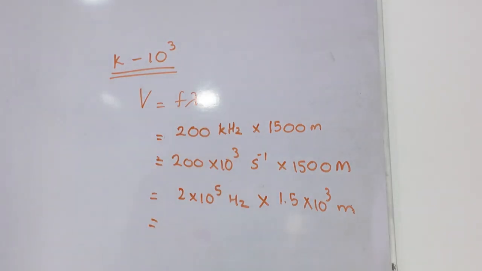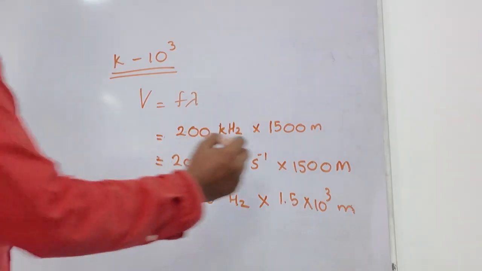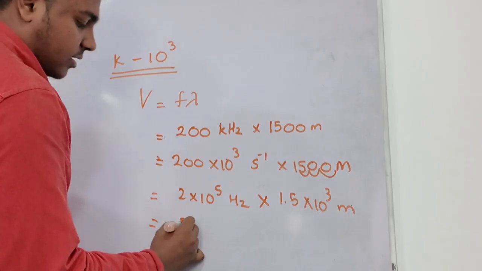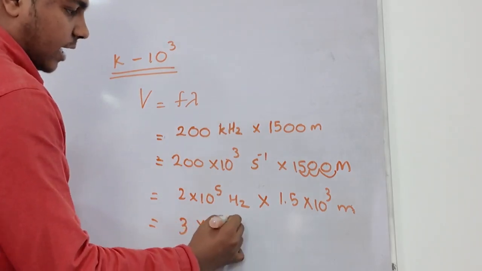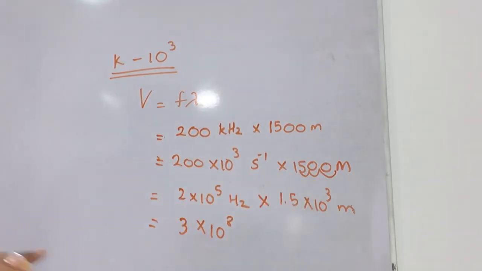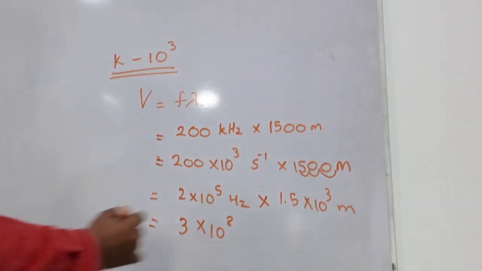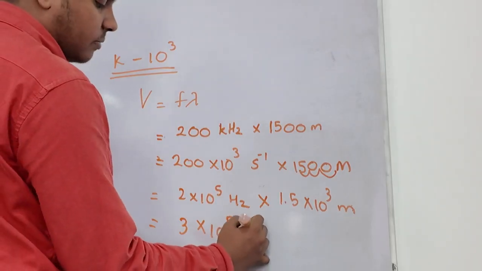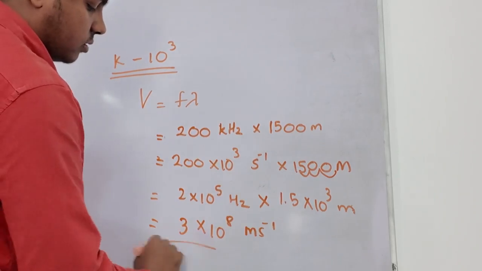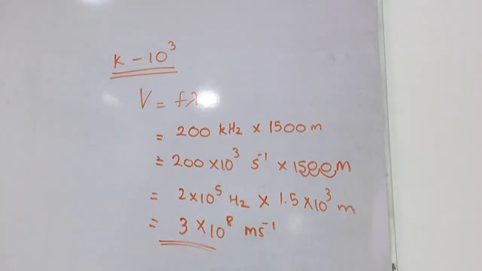Then this becomes 3 times 10 to the power 8. 2 times 1.5 is 3, and 10 to the power 5 times 10 to the power 3 is 10 to the power 8. So 3 times 10 to the power 8 meters per second, which is basically the speed of light. Is it clear?